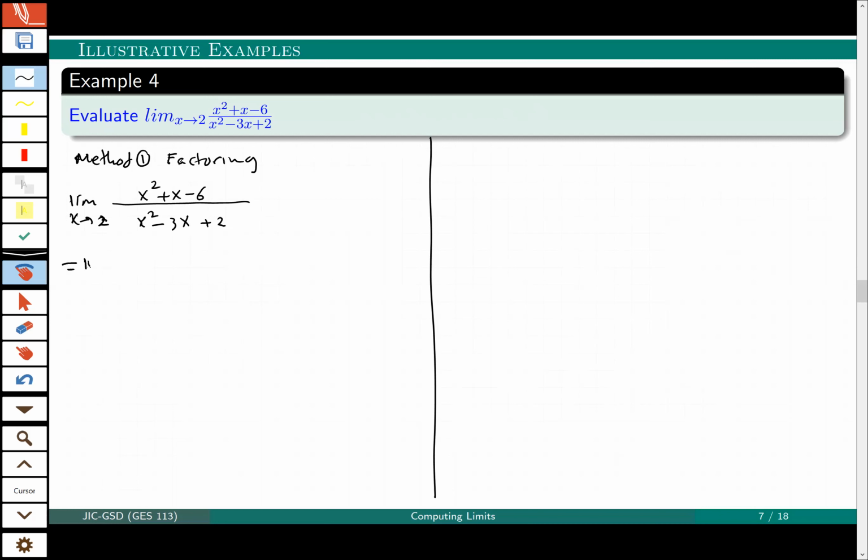This is equal to the limit when x goes to 2. As we said, x minus 2 must be a factor, and to get the second factor, it's x squared over x, which is x, and minus 6 over minus 2, which is plus 3.